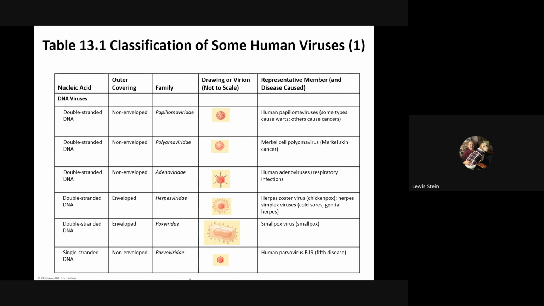HHV6 doesn't have another name. Okay? It does, so we just call it human herpes 6. These Roman numerals typically. It causes a disease, again, that all my kids had, and probably you will have in childhood, called roseola.